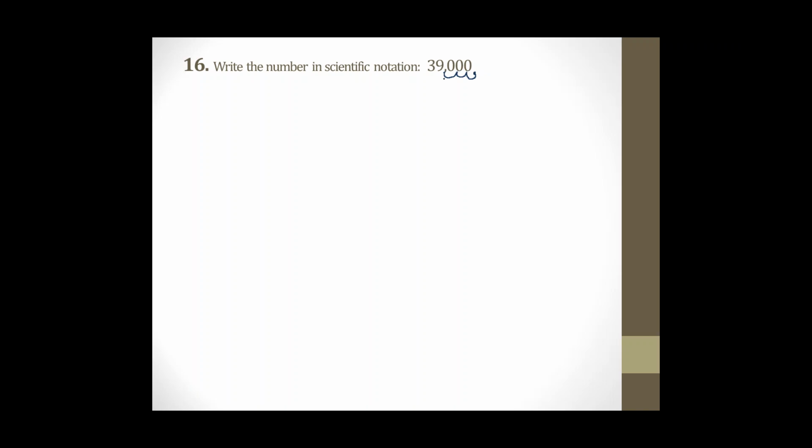But that's not between 1 and 10. So I'm going to move it one more spot here. And if I put the decimal place in between the 3 and the 9, that'd be 3.9. That is between 1 and 10. Now, I need to multiply this by 10 to a power to represent these decimal places that we moved.